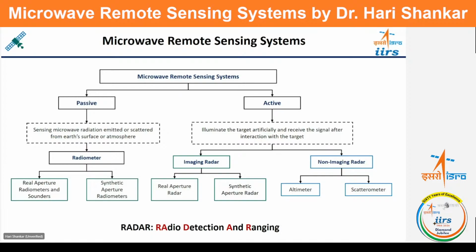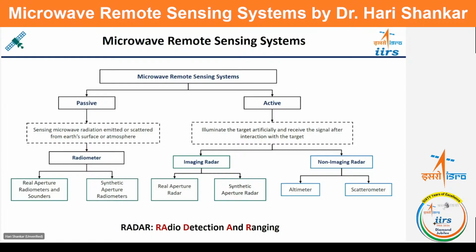In these difficult atmospheric conditions, active sensing can work because of its penetration capabilities, but optical sensors do not have these capabilities, and hence they cannot work during these emergency situations. So microwave portions are very useful for handling emergency and disaster situations in the country. That is another advantage of radars, or microwave remote sensing systems.